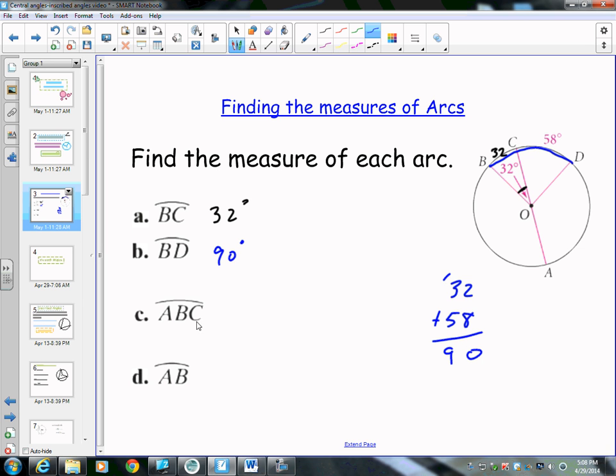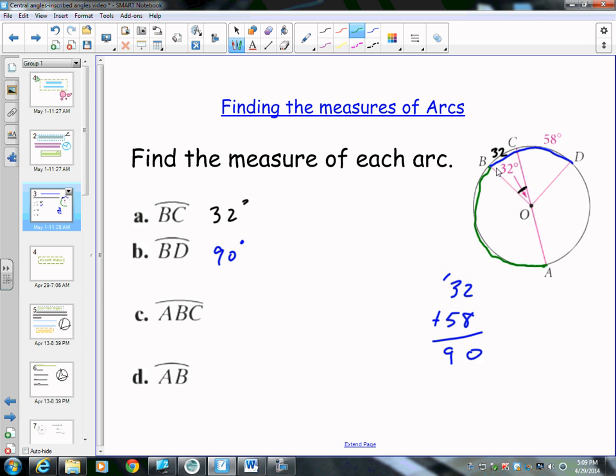Okay. The next arc, ABC, is named with three letters, meaning it's going to be either a half circle, a semicircle, or a major arc, which is more than 180 degrees. So let's look at ABC. So we have A, go ahead and use a green on this one, from A all the way around the circle. My drawing is not the best.